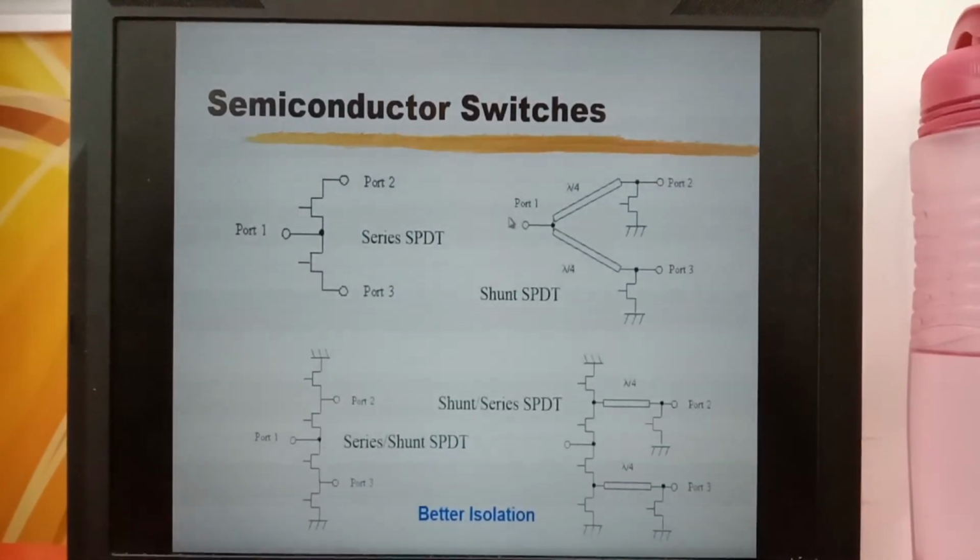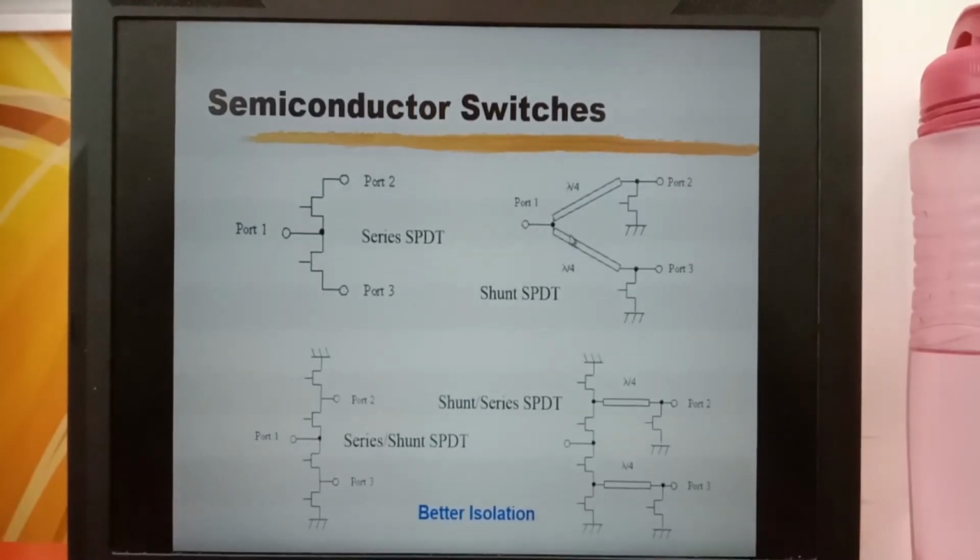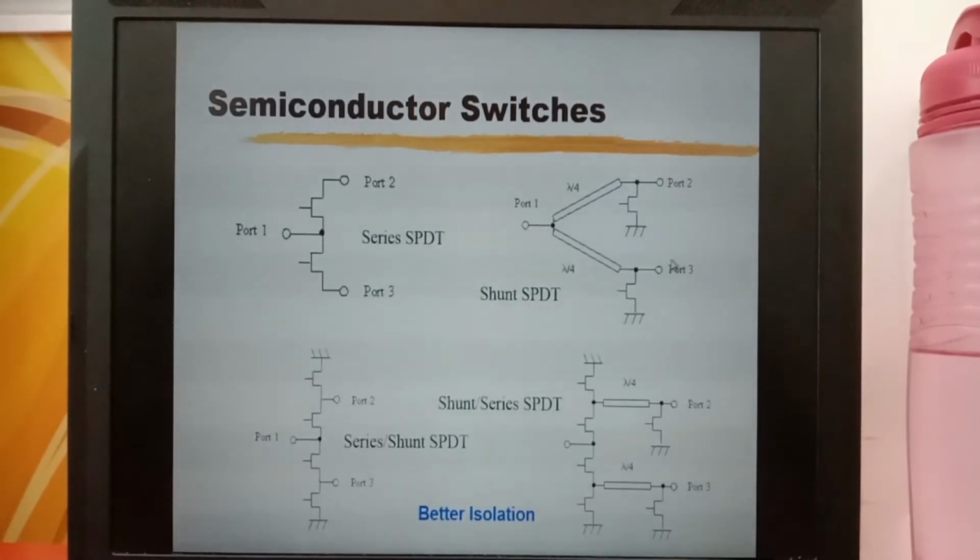Therefore, the input signal will be isolated from port 3, and all the signal will be transmitted to port 2. This will reduce the leakage from port 1 to port 3.